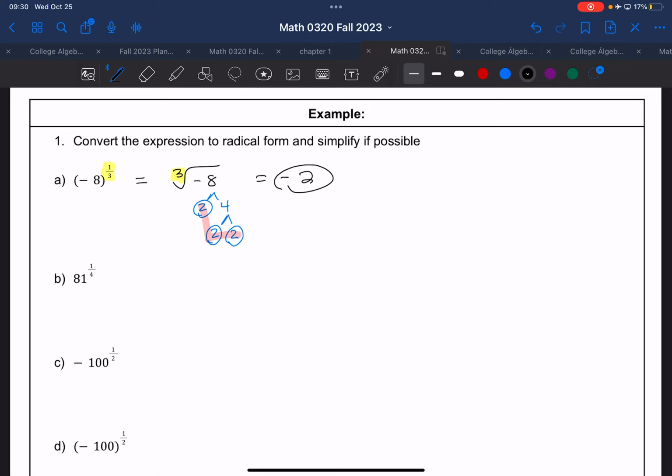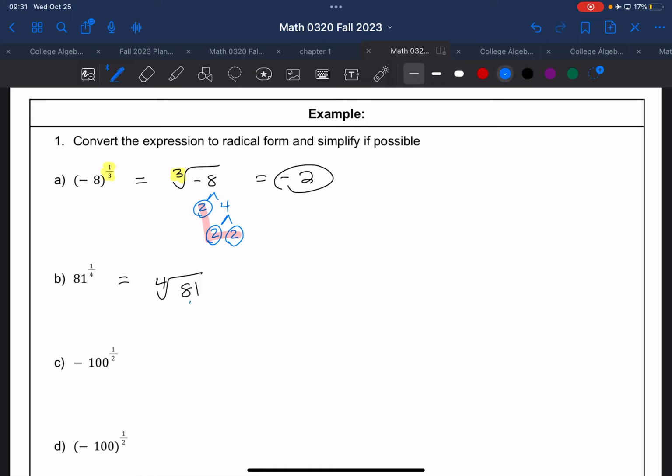So for part B, we have 81 to the 1/4 power. How can we convert that to a radical? Good, it's going to be the 4th root of 81. So what do we do next to solve this? You could type it into your calculator or we can do the prime factor tree.